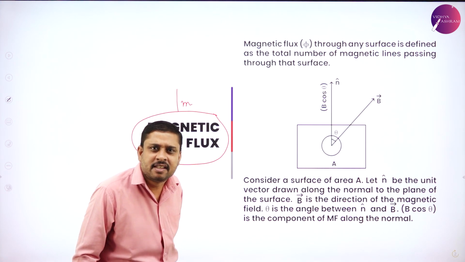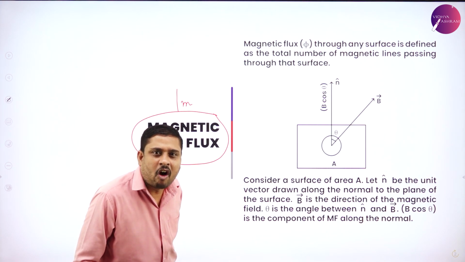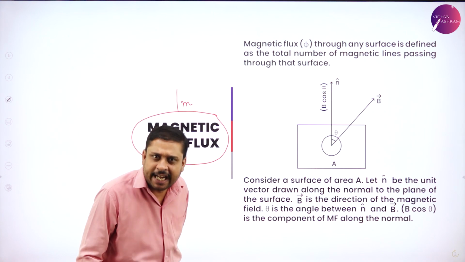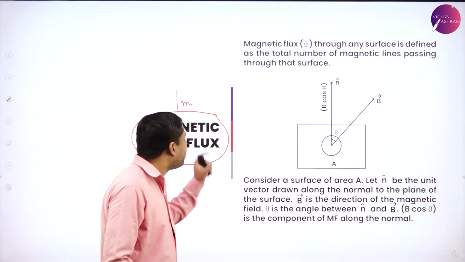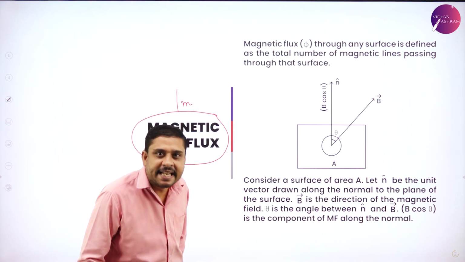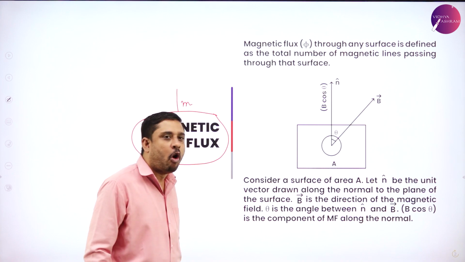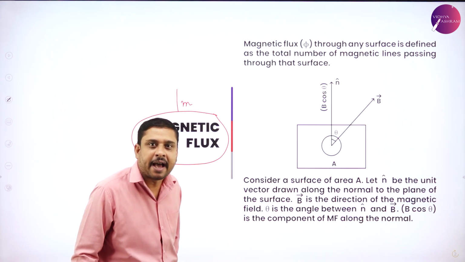Magnetic flux is similar to something called electric flux, but defined with respect to magnetic field. So now let us try to understand what is magnetic flux.